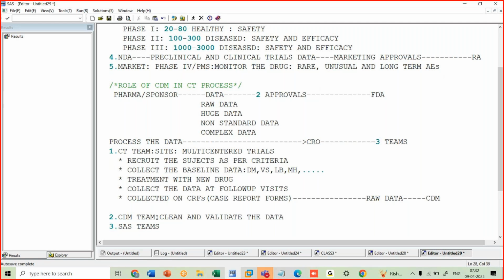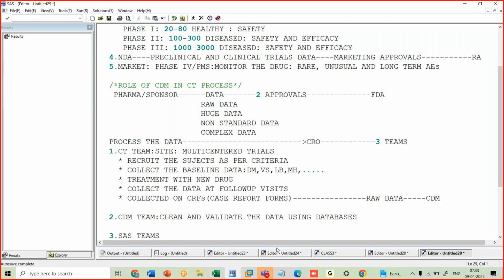They ensure that the data is clean, complete, accurate, and in logical sequence.